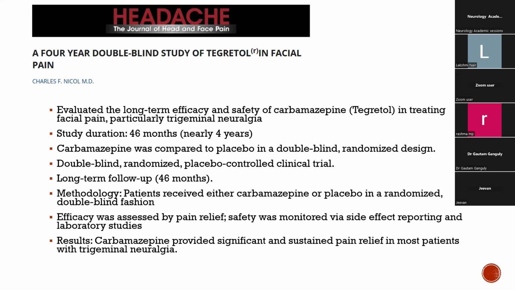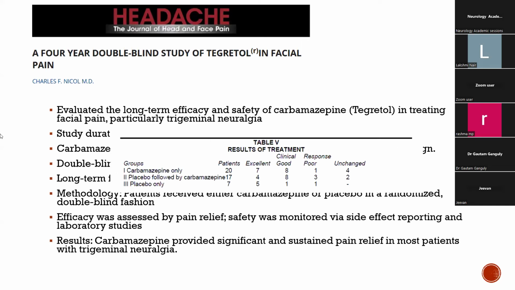Efficacy was assessed by pain relief, and safety was monitored via side effect reporting as well as laboratory studies. The study found that carbamazepine provided significant as well as sustained pain relief in most patients with trigeminal neuralgia.